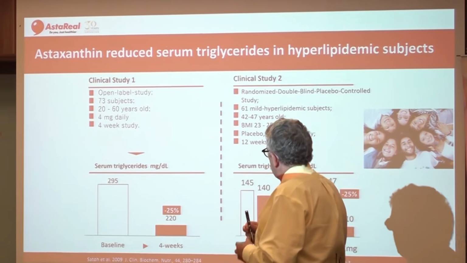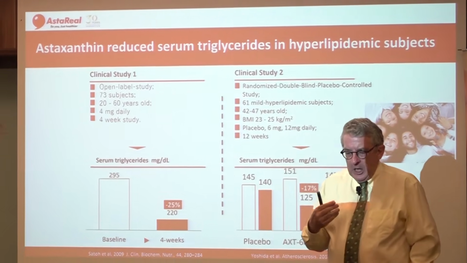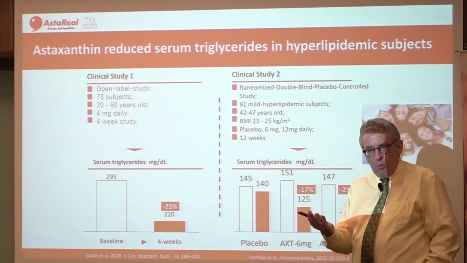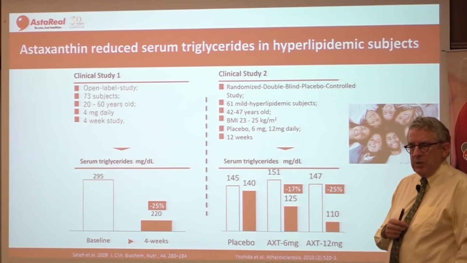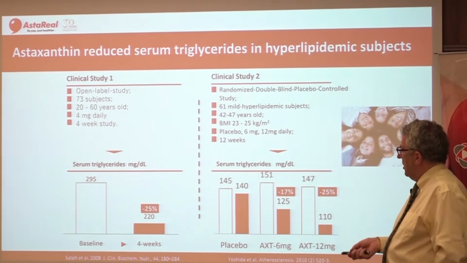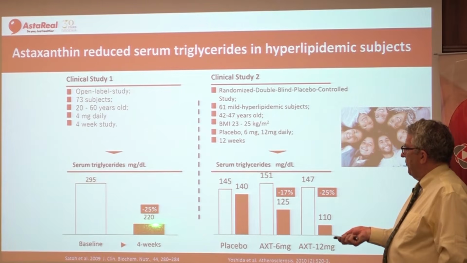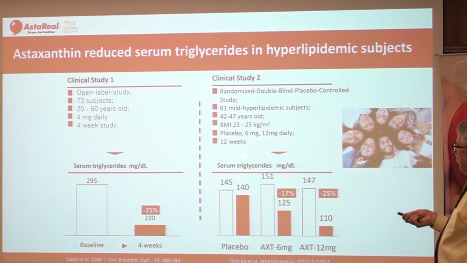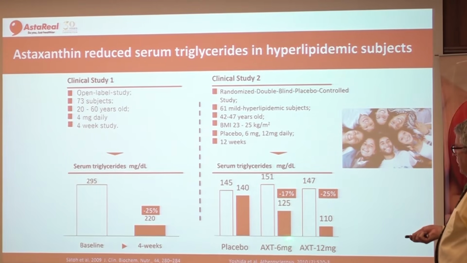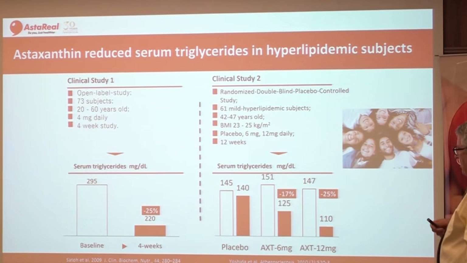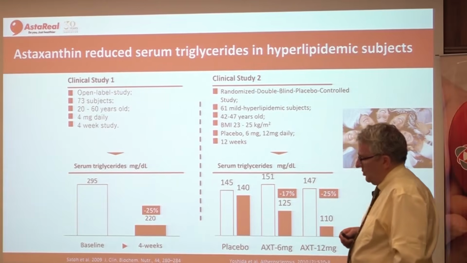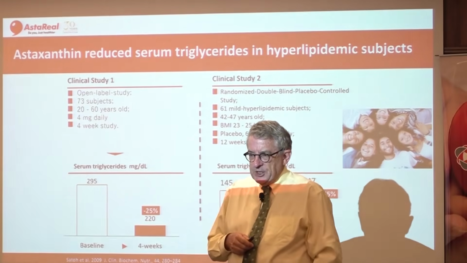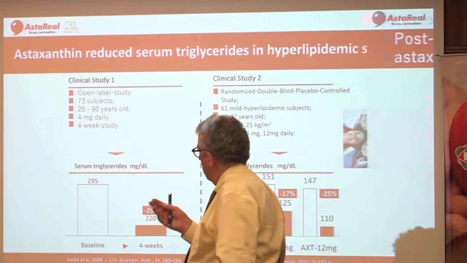Going to serum triglycerides, again, another lipid aspect, but one that you use quite commonly in terms of assessing cardiovascular risk. 25% reduction in 4 weeks in serum triglycerides, and in this particular study, at 6 milligrams or 12 milligrams, there were nice, significant dose-dependent decreases in serum triglycerides. Next slide.